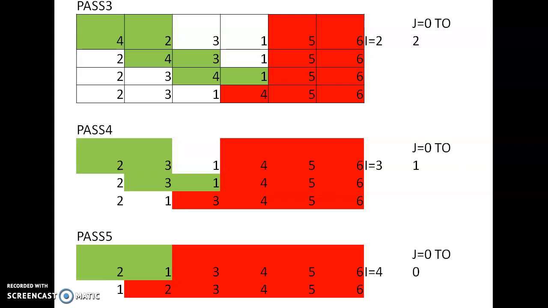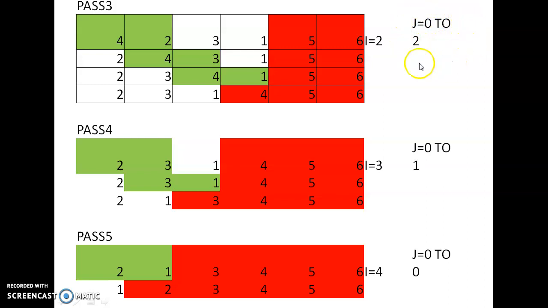That is, J equal to 0, J less than 2, J plus plus is the concept that we are considering. When we are considering the I value as 2, we write the loop in such a manner that J equal to 0, J less than 3, J plus plus, because the J value is varying from 0 to 2.